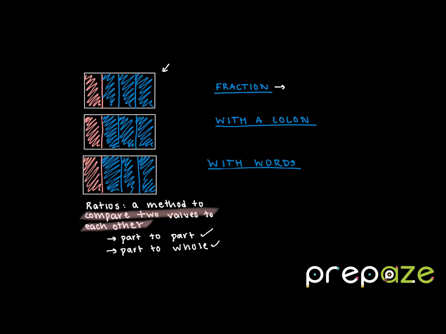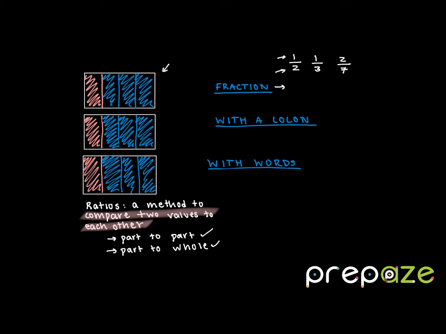Well, we've seen fractions before: 1/2, 1/3, 2/7. These are all examples of a ratio where we have our numerator and our denominator as either the part to the part or the part to the whole. So now let's take a look at this box over here. We see 1 pink part and 3 blue parts.